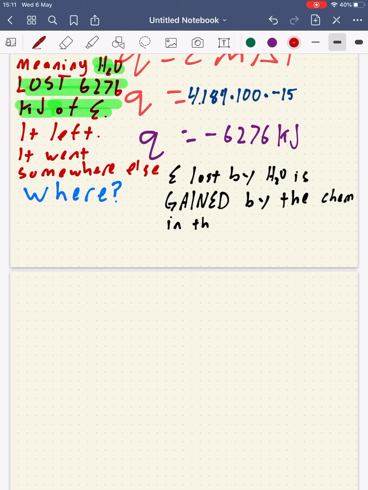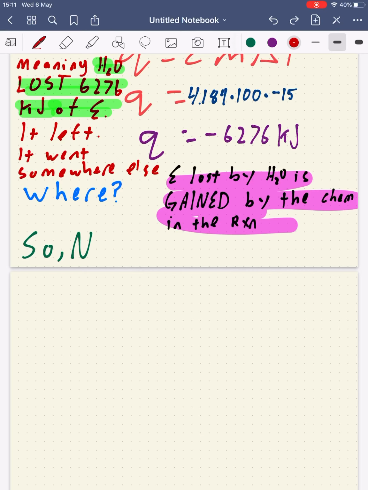It can't just disappear. Okay? So that's important, right? If it's lost by the water, it's gained somewhere else. So the chemical in the reaction, the ammonium nitrate, its Q is going to be the opposite. It's going to gain exactly as much energy as the water lost. And so its figure for Q is positive 6,276 kilojoules.